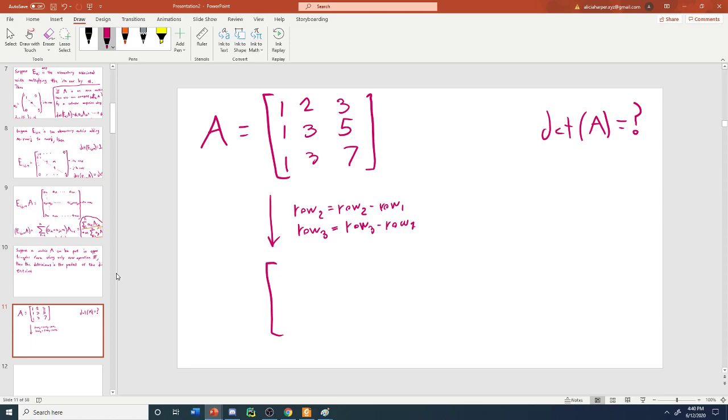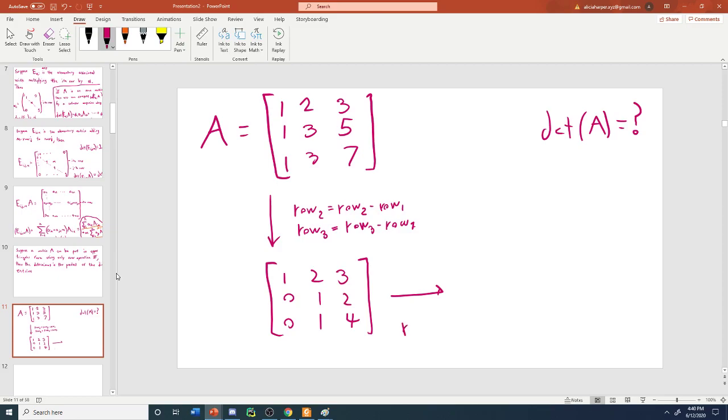And after I do that, I'm going to still have a 1, 2, 3 on top. And now I'll have a 0, 1, 2. And I'll have a 0, 1, 4. And again, I can perform another type 3 operation.